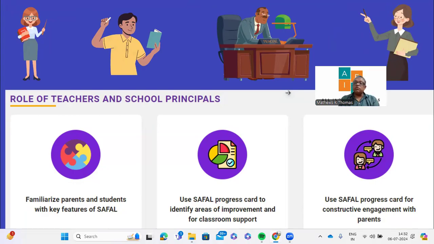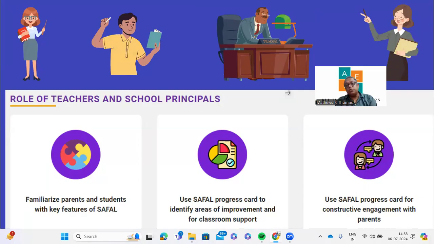So you need to familiarize yourself with what Safal is and its key features. That's number one. Number two, as I said, you can make use of these areas of improvement for your personal teaching. You know your students are lacking in this, so you need to focus more. You exactly know where the problem is, so strike at that point to get it better.